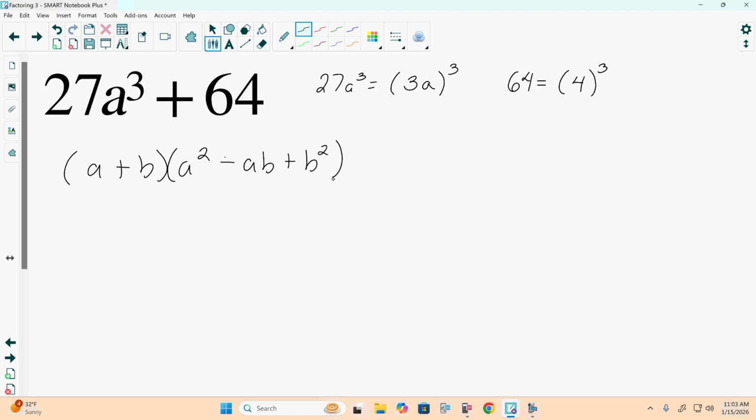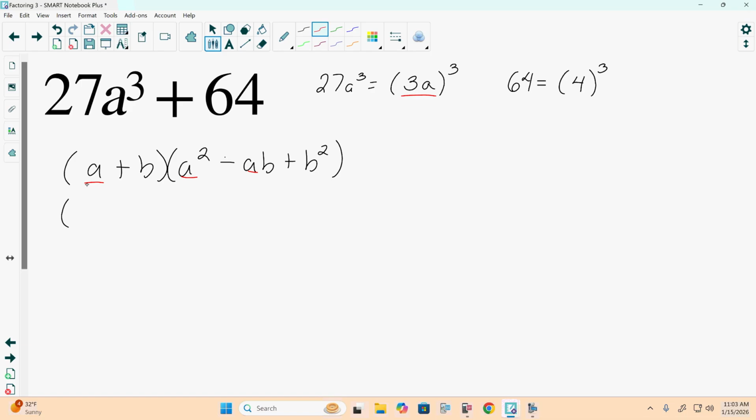Now to factor it, the first thing I'm going to do is just write the general form. A plus b times a squared minus ab plus b squared. Now we are going to match these up. Where a shows up, we're going to replace it with 3a.